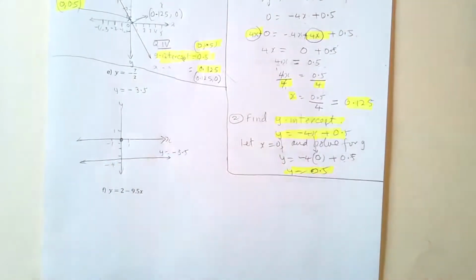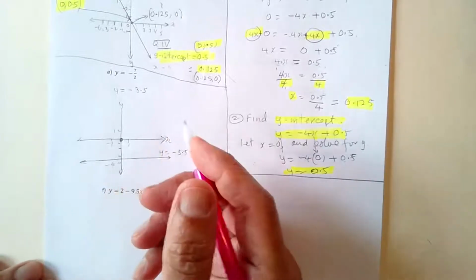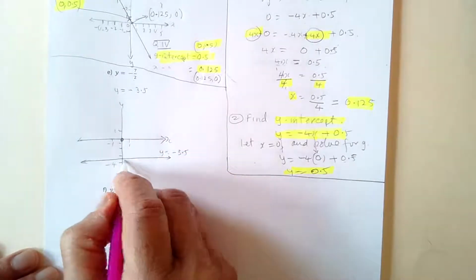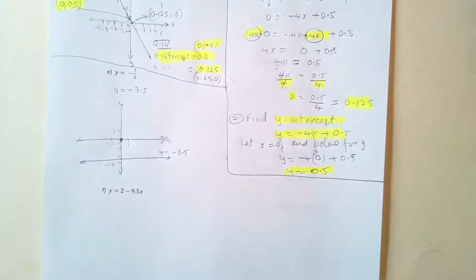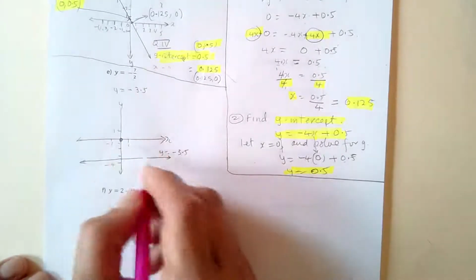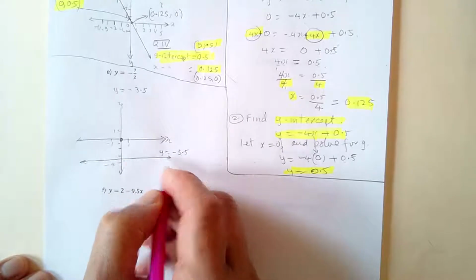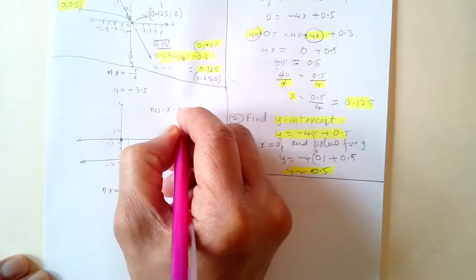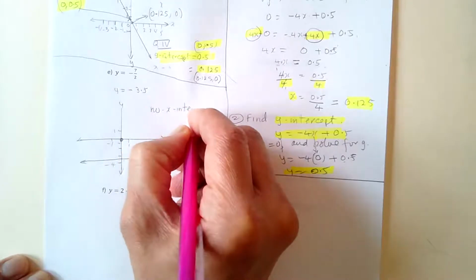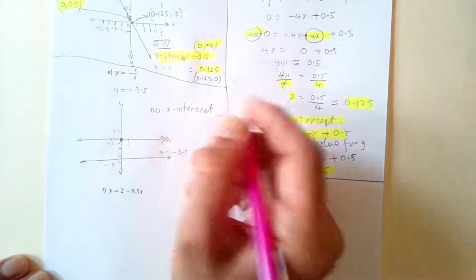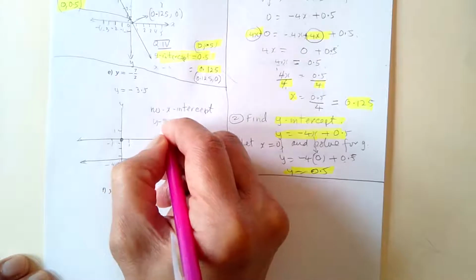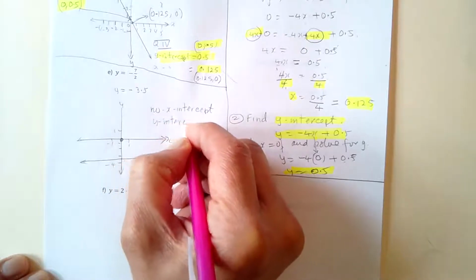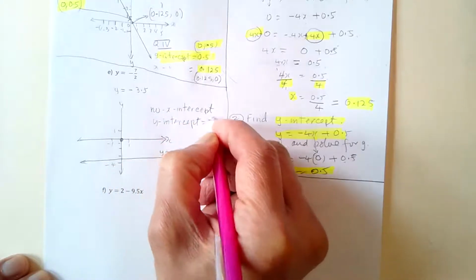So your y-intercept is -3.5. That's pretty straightforward in the sense that there's no x-intercept, right? So no x-intercept, and the y-intercept is equal to -3.5.